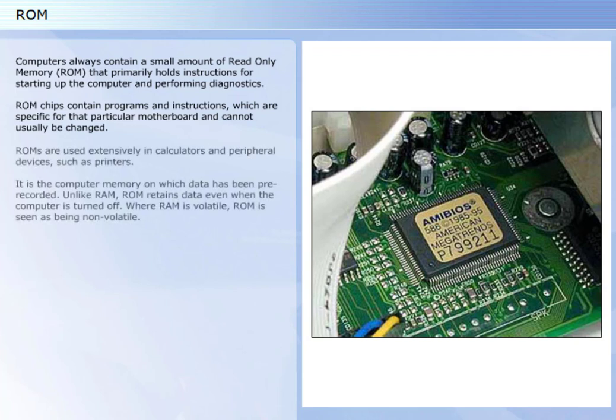ROMs are used extensively in calculators and peripheral devices such as printers. It is the computer memory on which data has been pre-recorded. Unlike RAM, ROM retains data even when the computer is turned off. Where RAM is volatile, ROM is seen as being non-volatile.